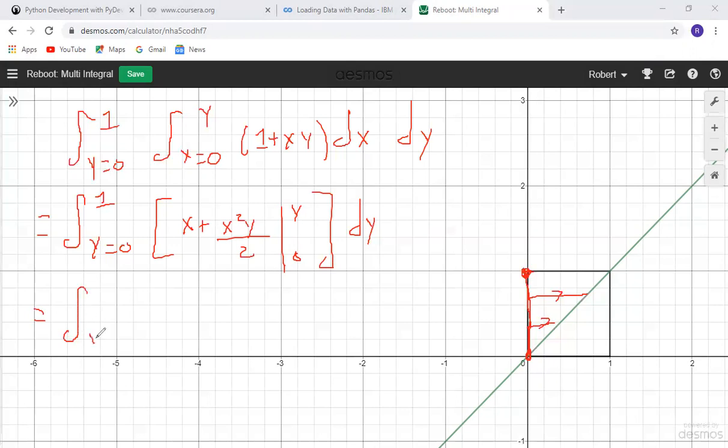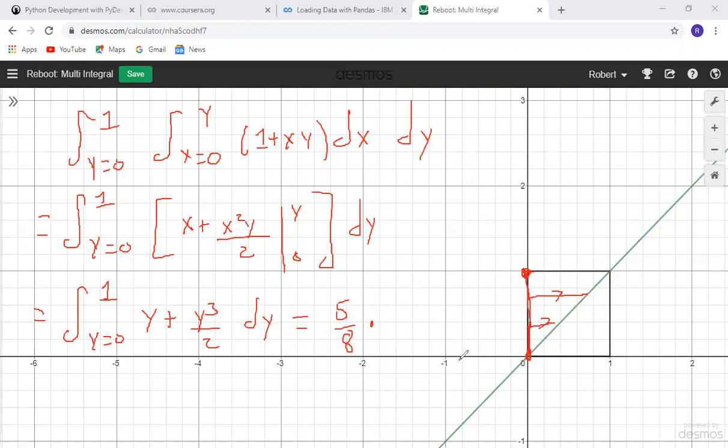And this is the integral y equals 0 to 1, y plus y cubed over 2 dy. Now this is just a Calc 1 integral. I will let you do this on your own. The answer is 5 over 8. Okay, so this is how we answered the problem if we did the x integral on the inside.